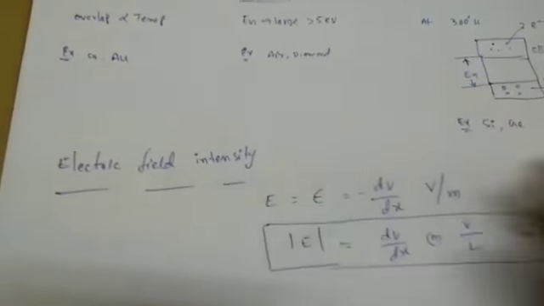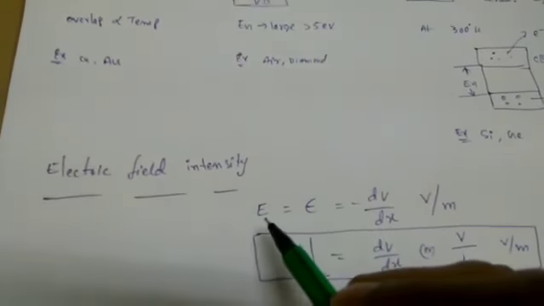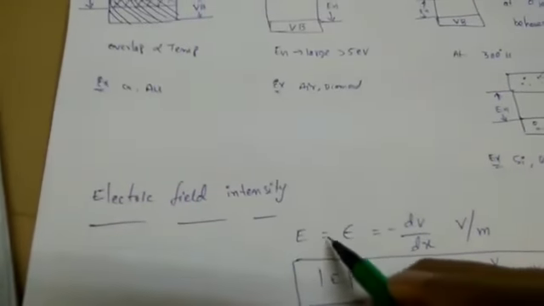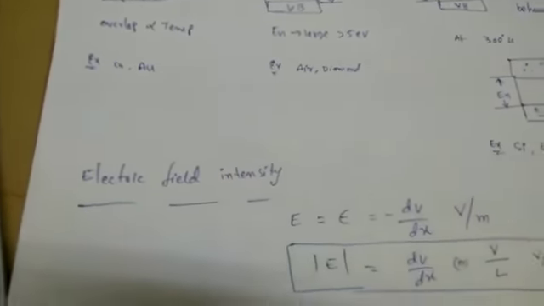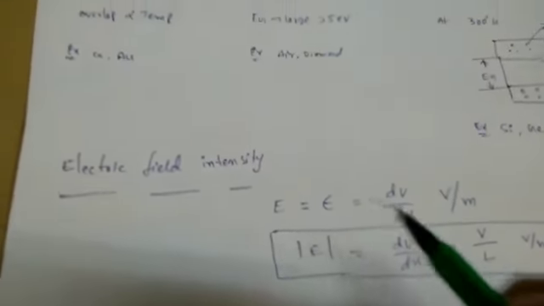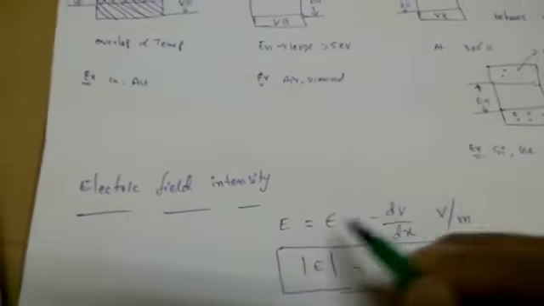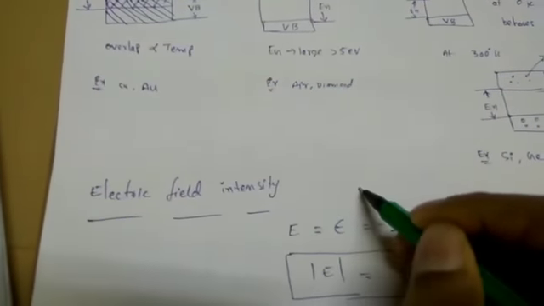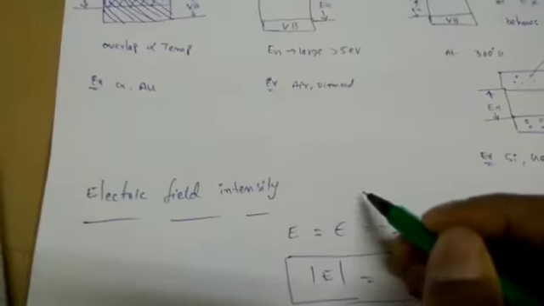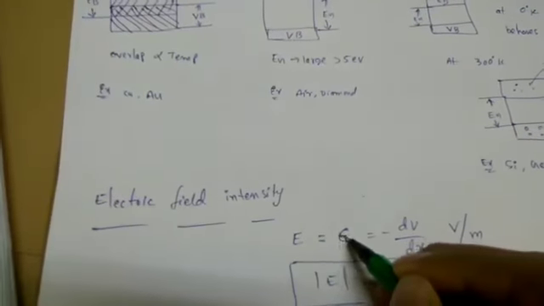Next one is a very important formula, electric field intensity. This is capital E, which is one notation we can use. It is not the small epsilon, which is permittivity; that is a different notation.